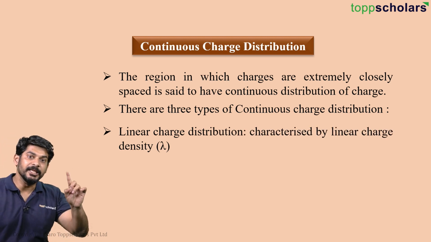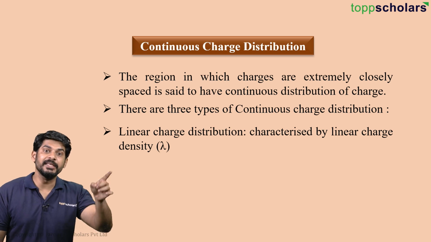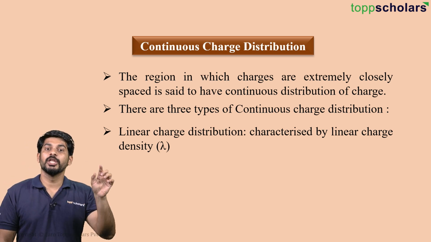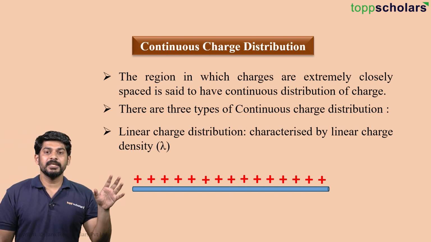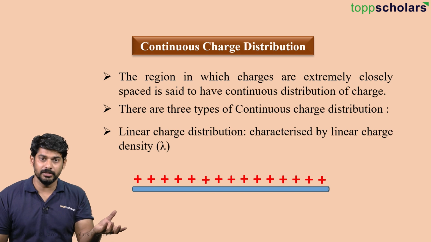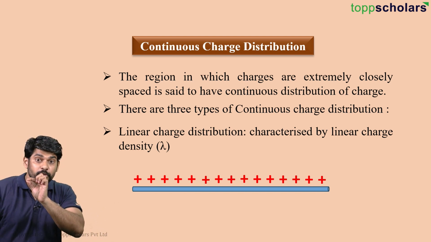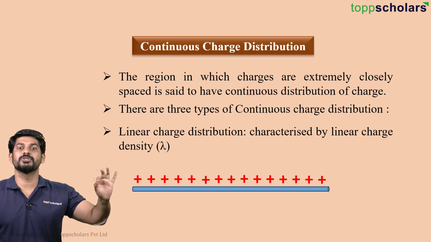One is linear charge distribution, which is characterized by linear charge density denoted by lambda. Basically linear charge distribution is nothing but distribution of charges over the length of a conductor or maybe insulator.